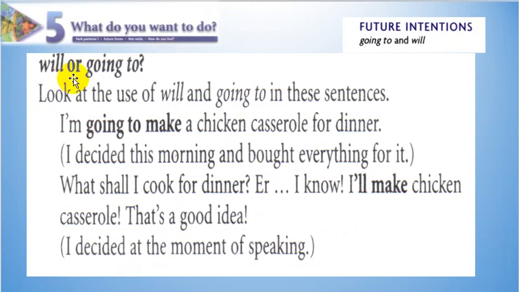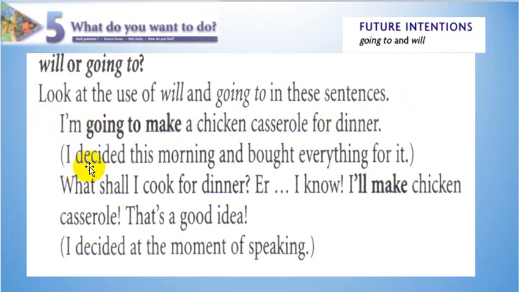Okay? Now, أكيد البعض لم يستوعب كيفية استخدام will أو going to. هناك مثال سيوضح طريقة الاستخدام بحيث يبقى ببالك هذا المثال, وتعرف في أي حالة تستخدم will or going to. Look at use of will and going to in these sentences. I'm going to make a chicken casserole for dinner.